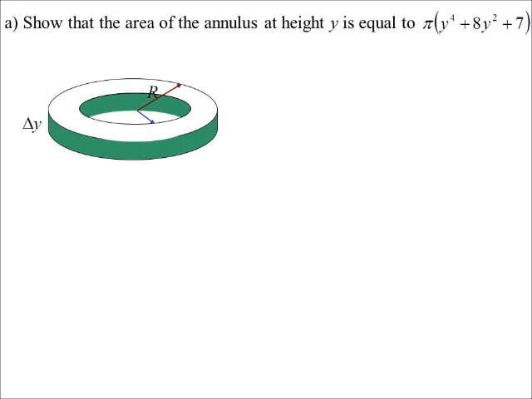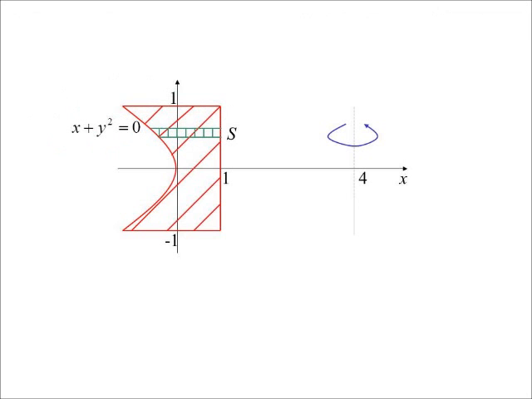Now I've got to be careful here, working it out. What is the inside radius and the outside radius? So the inside radius is going from x equals 4 to x equals 1. It's just going to be a consistent, every slice, that inside radius is just going to be 3. And so we don't have a problem there.